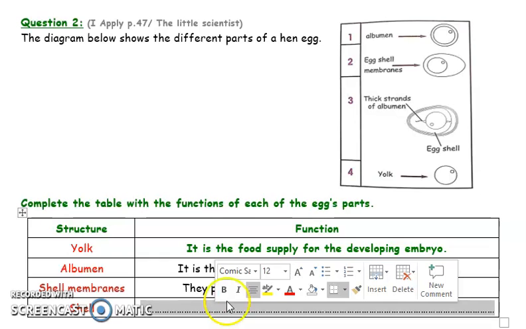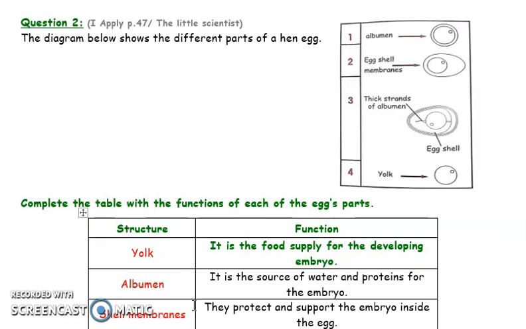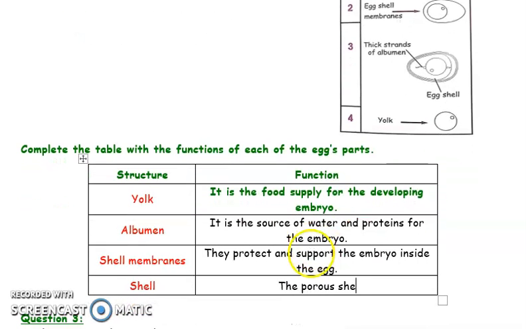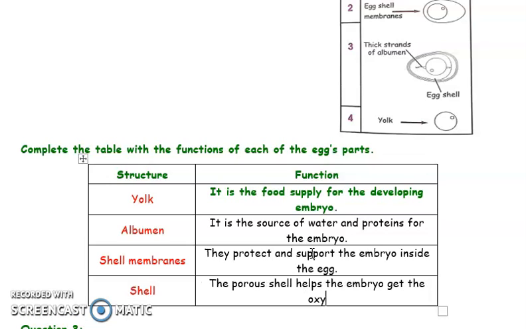These shells have very tiny pores that let oxygen pass through to help the embryo breathe inside the egg, since it's a living thing and it needs oxygen for good growth. So the pores in the shell help the embryo get the oxygen it needs to grow.